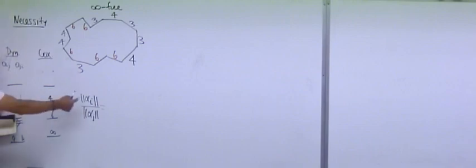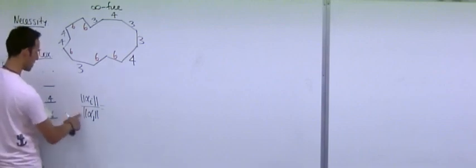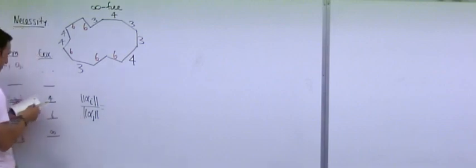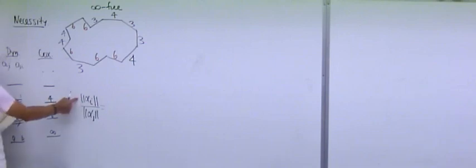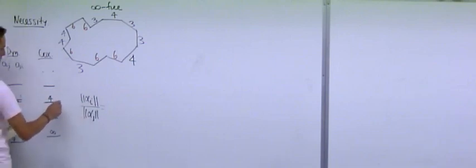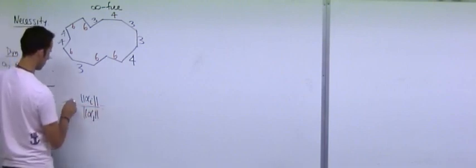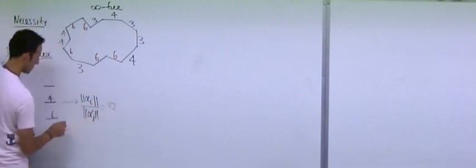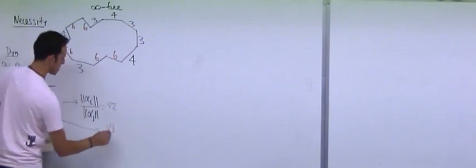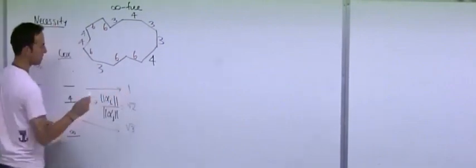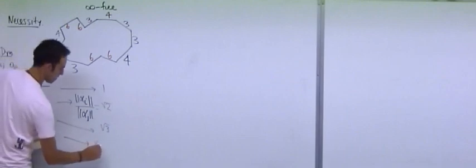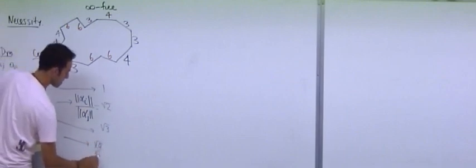In other words, alpha i comma alpha i divided by alpha j comma alpha j in this case is square root of 2. In this case, it's square root of 3. In this case, it's 1. And in this case, it's something like square root of a over square root of b. And in this case, we have no information.